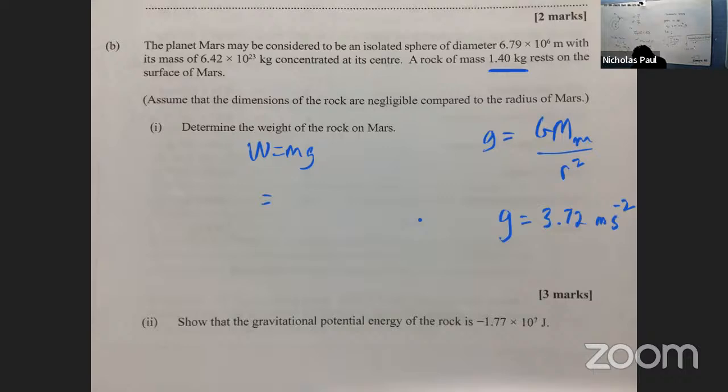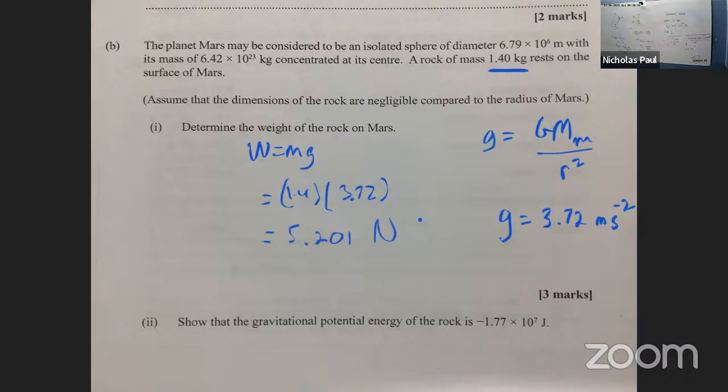So this whole thing is halved and then squared. Take the diameter, divide by 2, and then square. Therefore, you would have gotten 1.4 by 3.72. I get 5.2, 5.21. Right, nice.